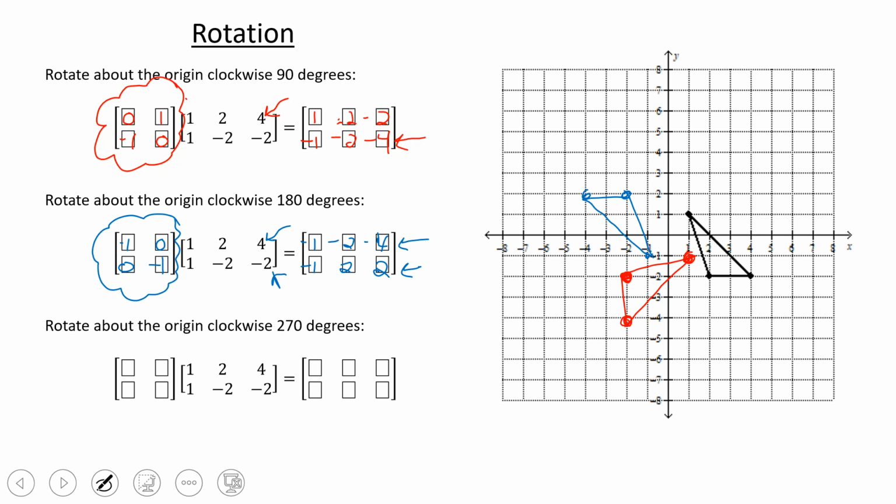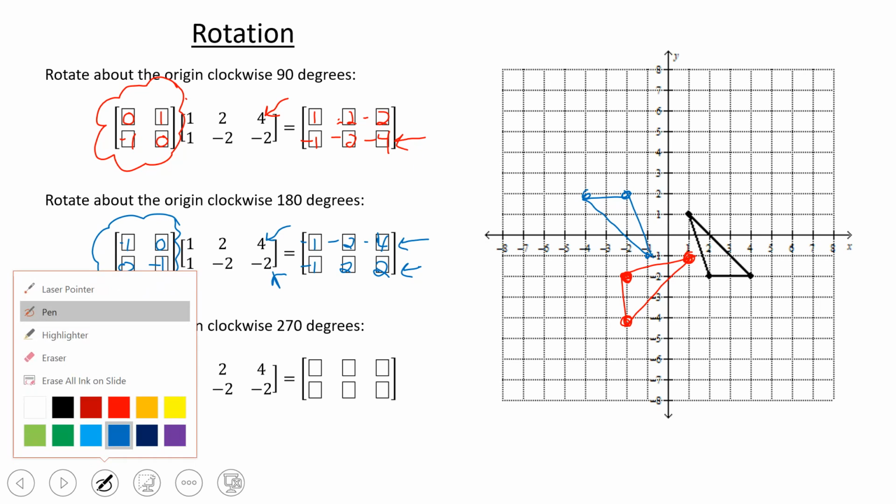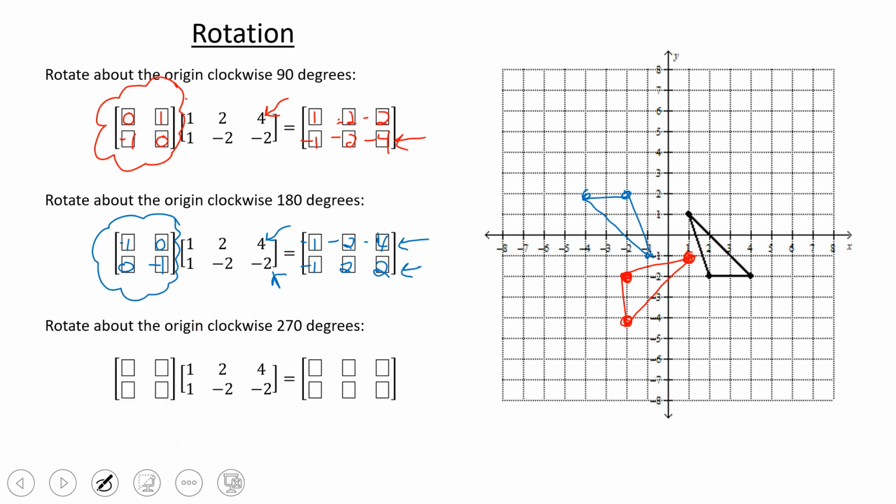Okay, if you're watching this from home, I want you to try this last one on your own. Pause the video and then come back to see it. Rotating about the origin clockwise 270 degrees, or fun fact, this could be counterclockwise 90 degrees. So lots of different ways that you can find it visually.